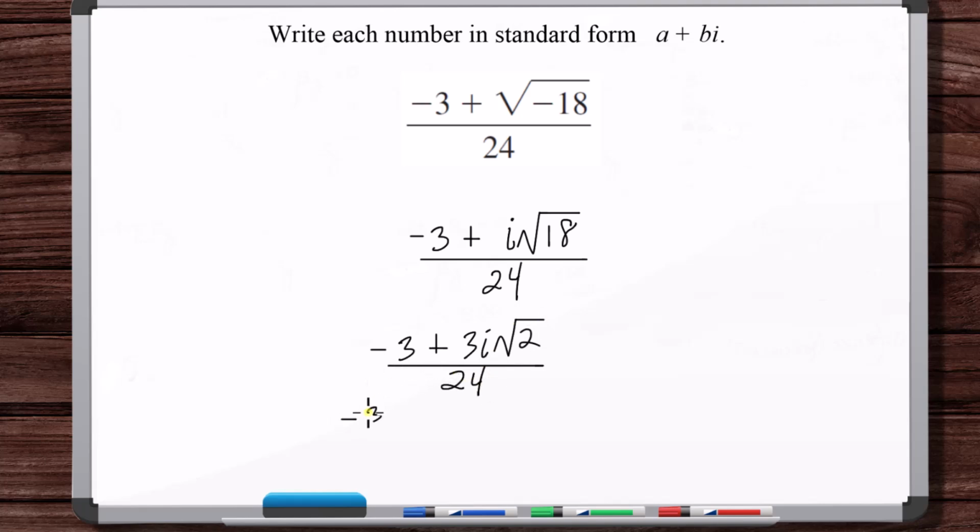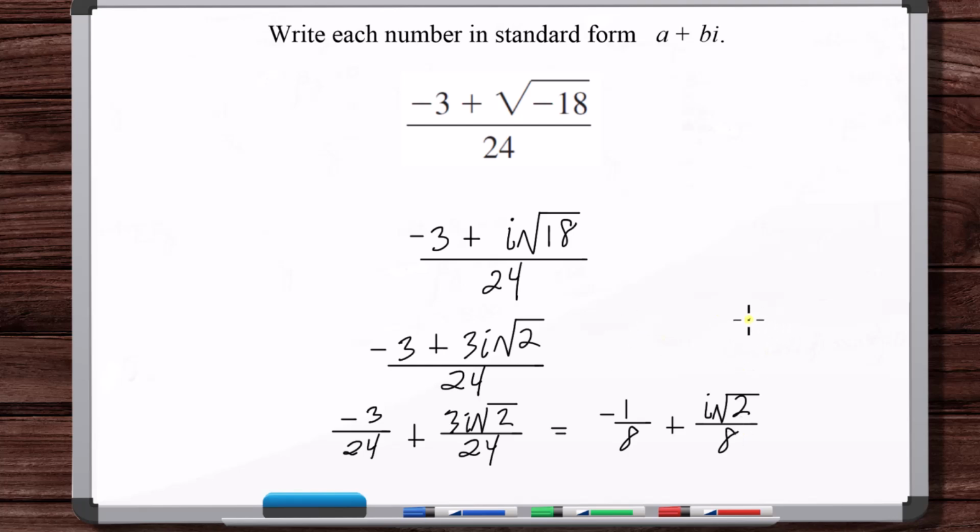Okay, so all right, minus 1/8 plus i root 2 over 8. So, okay, but let's write this to where we can clearly see the real part and the imaginary part. So root 2 over 8 i, like that.